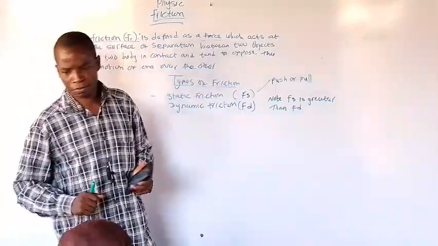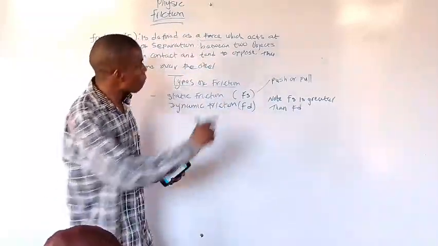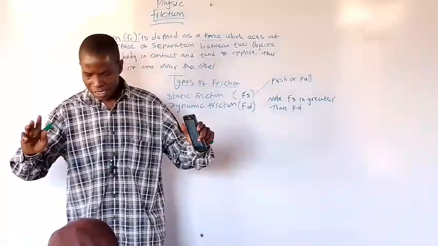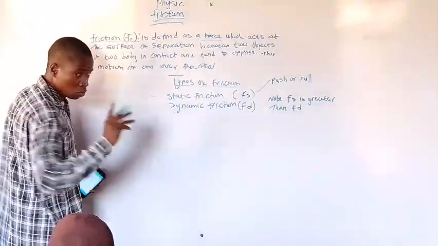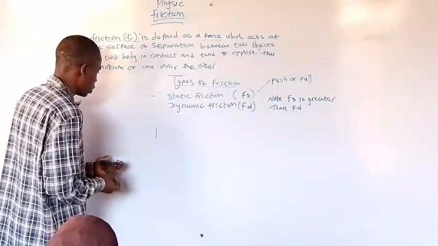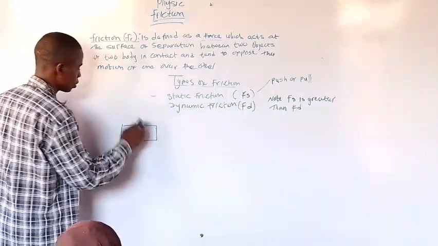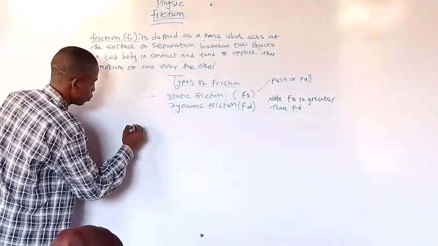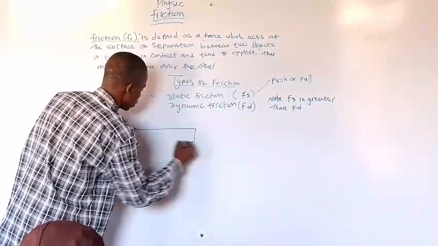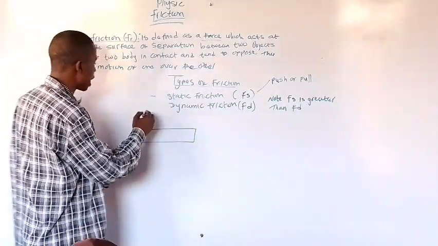What do we mean by that? The question you need to ask yourself is what we mean by force. There are two bodies here. Let me draw it very well. This is one body, like a table.